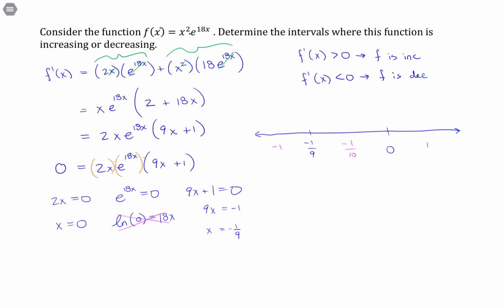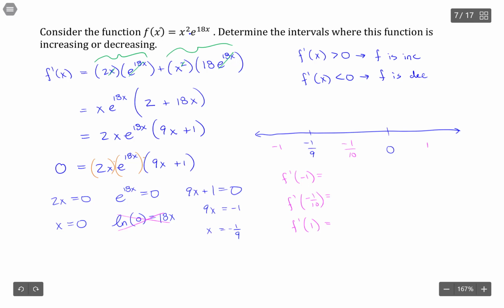Now to determine if I'm increasing or decreasing on these intervals, I need to plug each of these values into the derivative. So f prime evaluated at -1, f prime evaluated at -1/10, and f prime evaluated at 1.